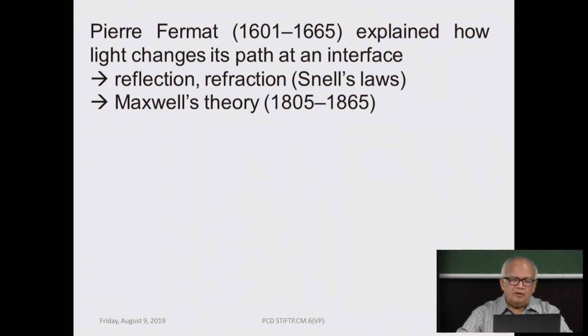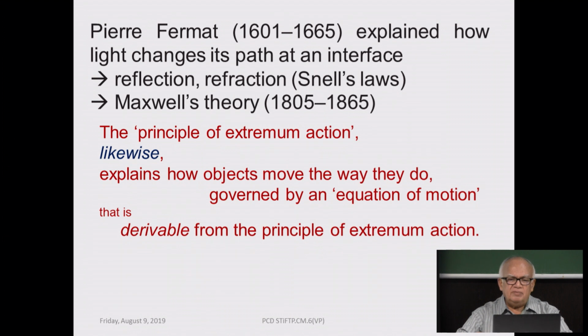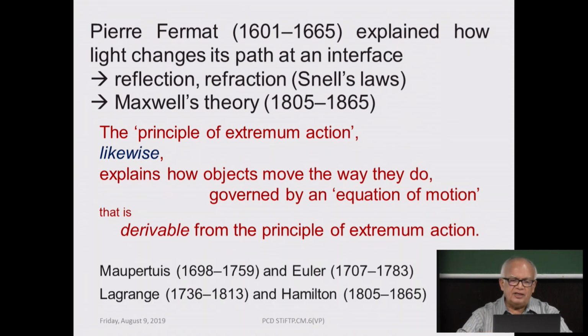But then Fermat accounted for it in terms of what is called the principle of extremum action. So he formulated this principle that the time the path light would take is an extremum, and that accounts for the trajectories of light rays that we see in reflections and refractions.